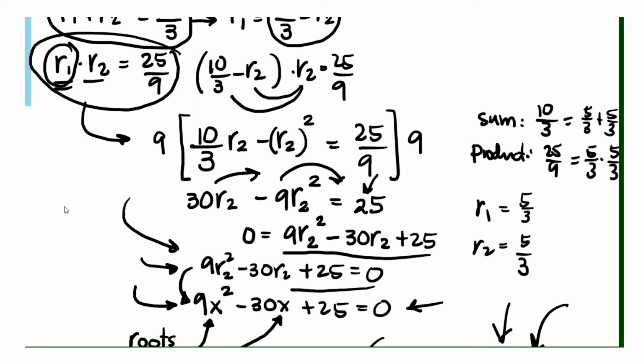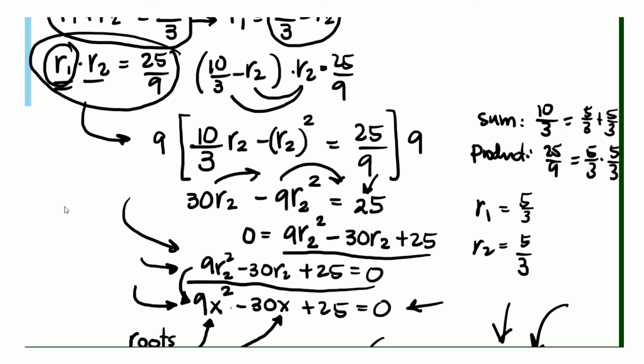Once we reached this, we just replaced the R2 by X, putting it into its general form, because R2 is a root, a number that is being substituted to the X. It's the reverse of finding the roots. So from the roots we went back to the equation.